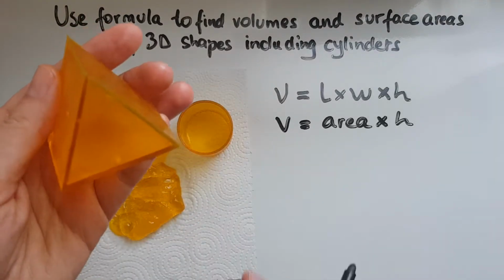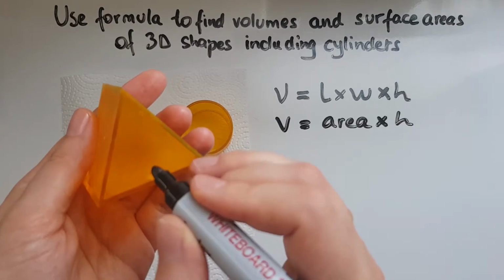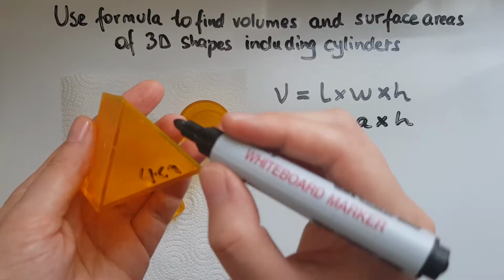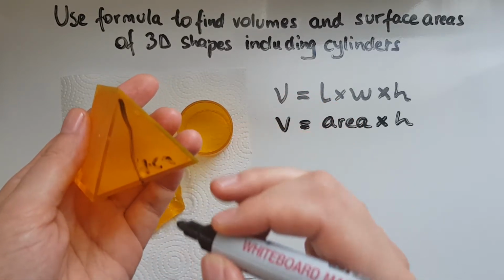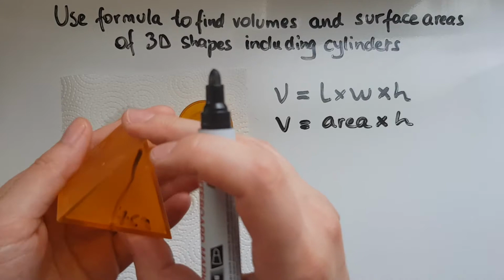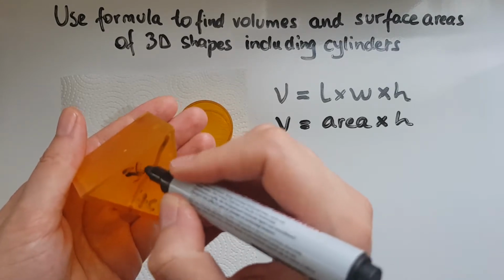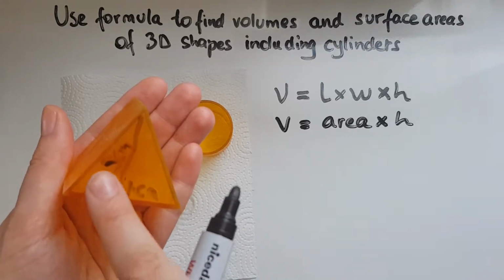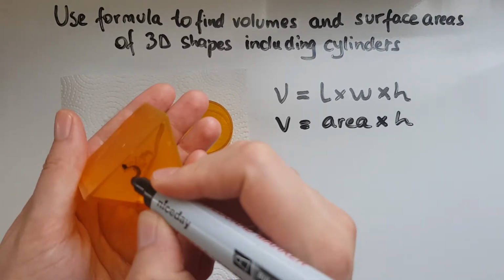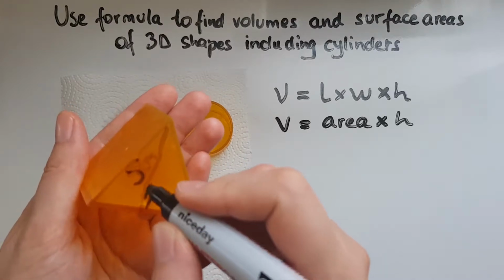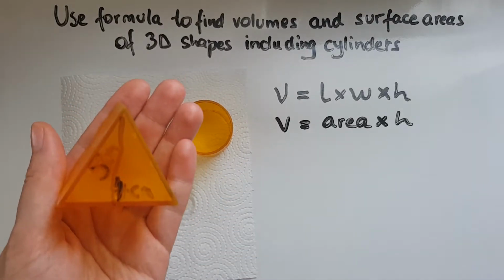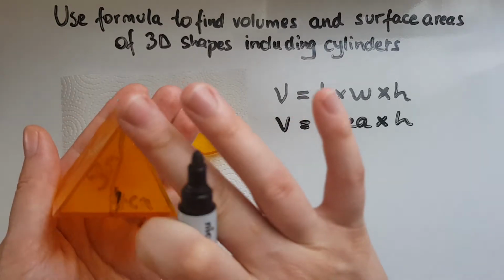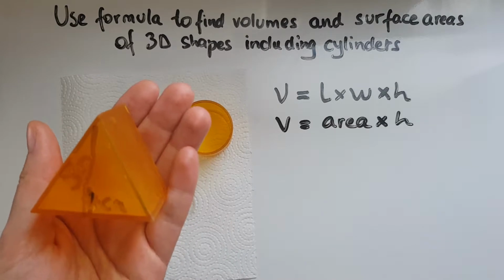So let's work out the volume of this prism. So if this is 4 centimeters, the base, and the height being 5 centimeters. So the surface area of the triangle first would be 5 times 4 divided by 2. So 5 times 4 is 20, divided by 2 is 10. So I've worked out the surface area of the triangle or the cross section first.